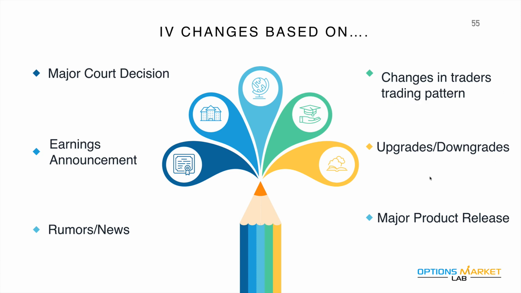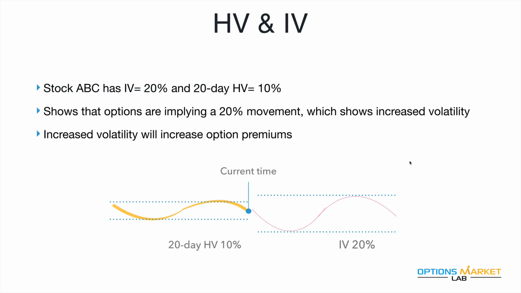Now let's use historical volatility and implied volatility to get an understanding of how volatility affects us. Let's say we are looking at a stock, ABC, that has an implied volatility of 20%. Again, implied volatility is for the future movement of the stock. And it has a 20-day historical volatility of 10%.